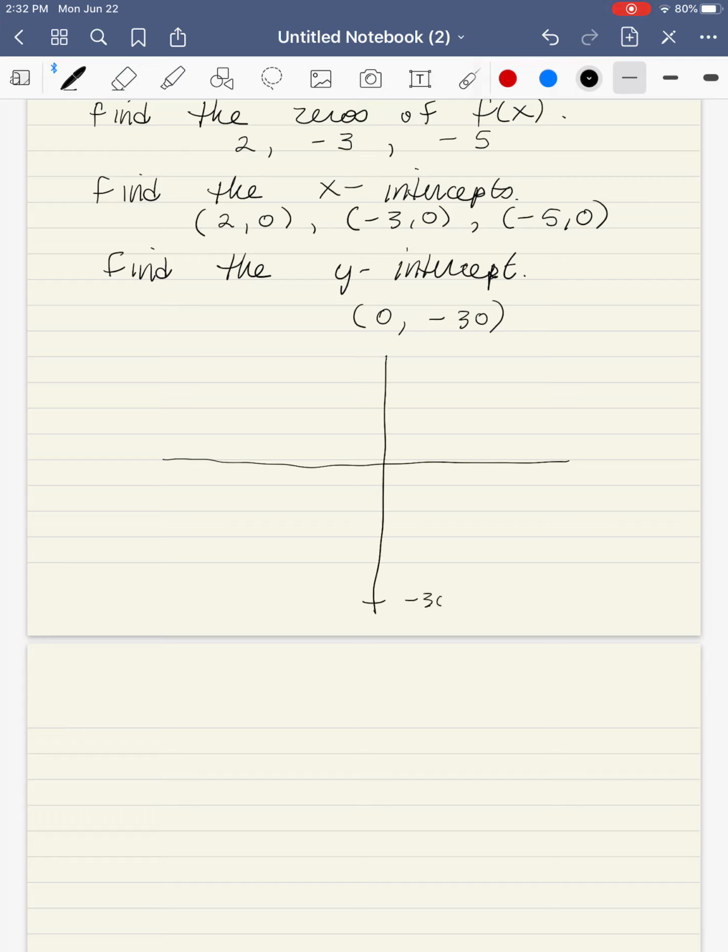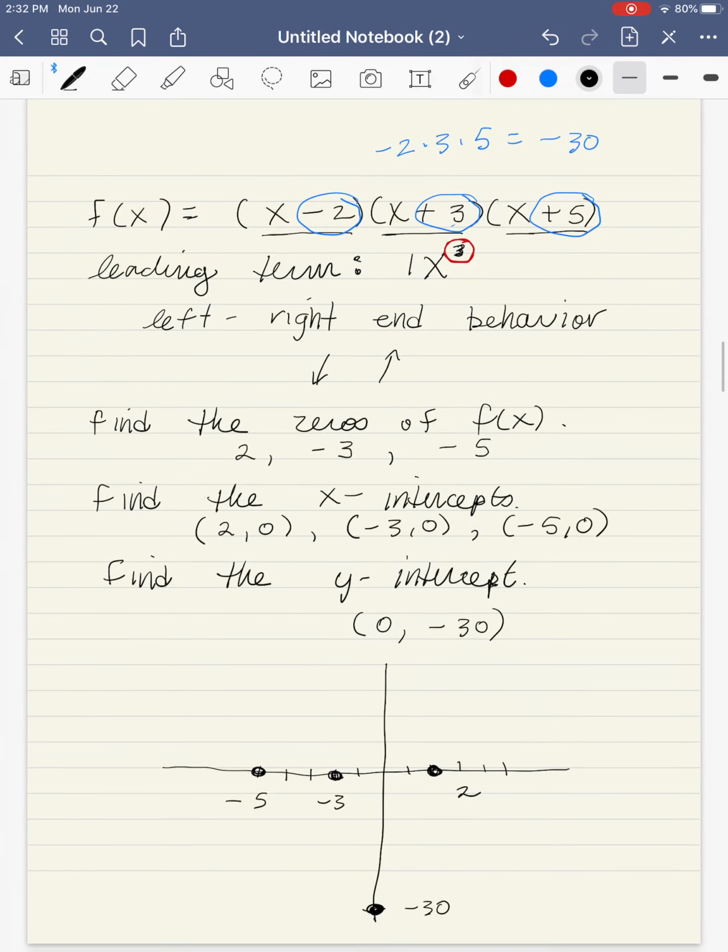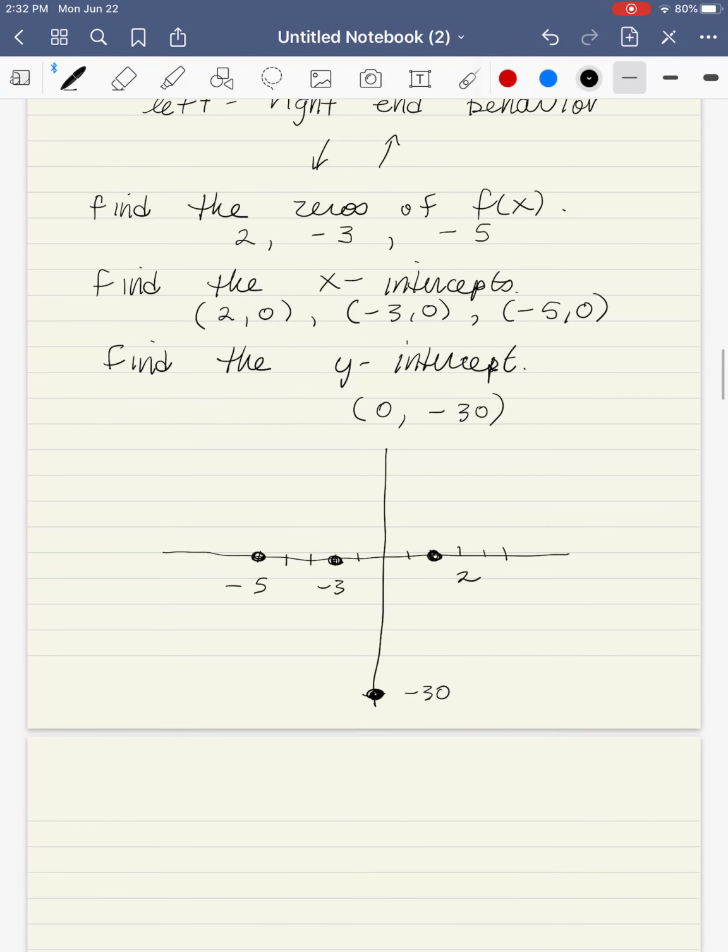And if I plot all of those ordered pairs, and I'm not going to use the same scale for my x and y intercepts here. So those are my x and y intercepts.